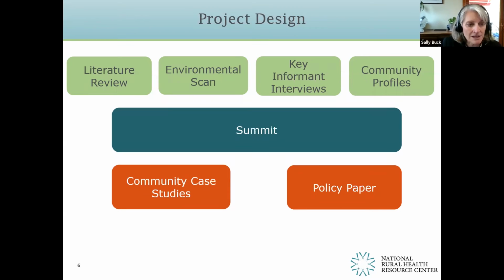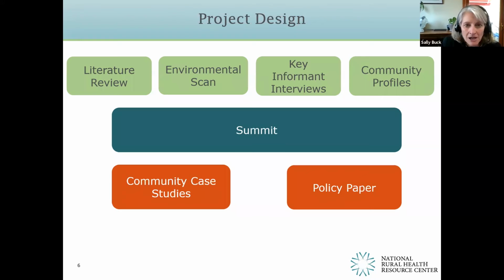We have looked at environmental data to find information to further guide the design and inform our thinking, looking at everything from demographics and healthcare status, healthcare outcomes, facilities, industry, the economy, education. So a great scan of information, looking at how Minnesota compares to the nation, or rural Minnesota to the overall state as well.